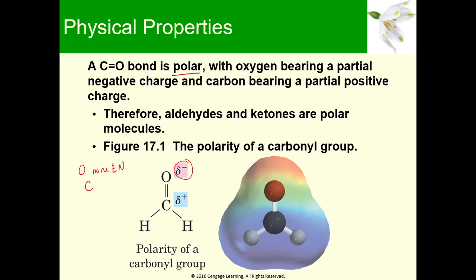We say, di ba, that covalent bonds result from the sharing of electrons. There will be times that an element will have a greater affinity for those electrons, so it pulls the electrons towards itself. In an electrostatic map like this, the more negative region is shown in red, and the partial positive is the bluer region.